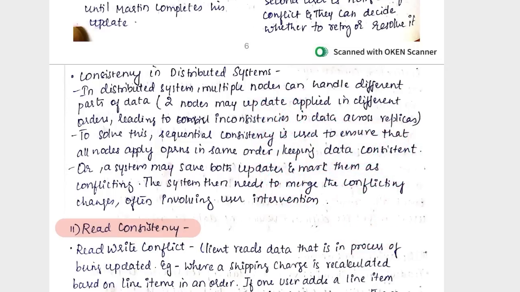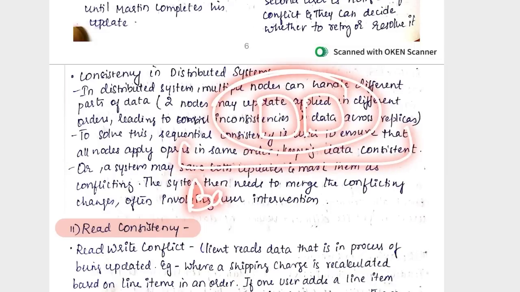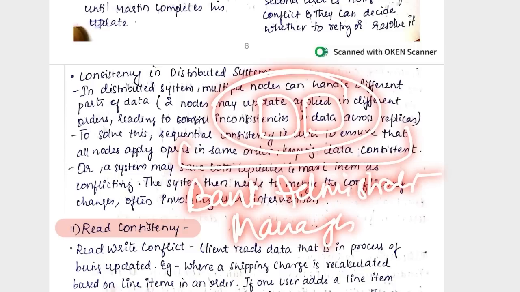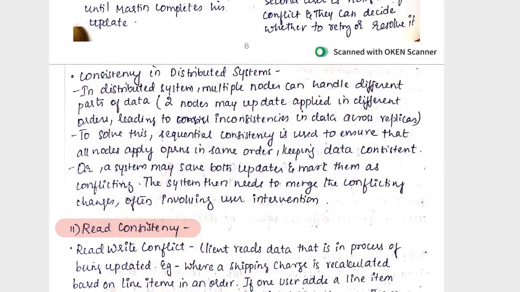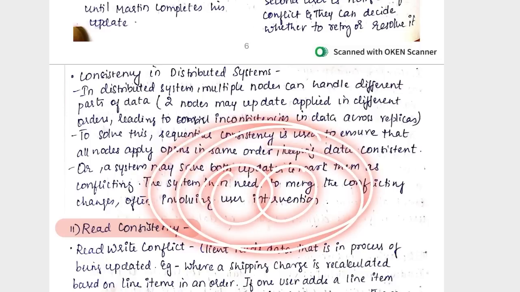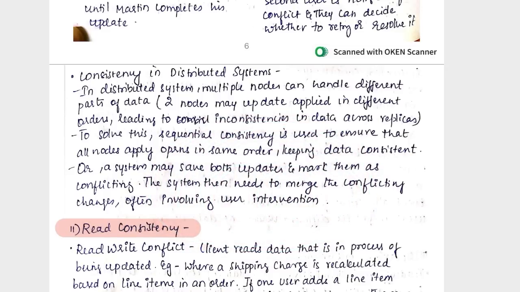Now the system needs to merge the conflicting changes, which can involve the user paying attention to it. Now a third person, maybe the bank administrator or the database administrator, will have the right to look into these conflicting issues, and he'll check whether this data could be selected, or the other data could be selected, or both could be merged together, overcoming the consistency issue here.